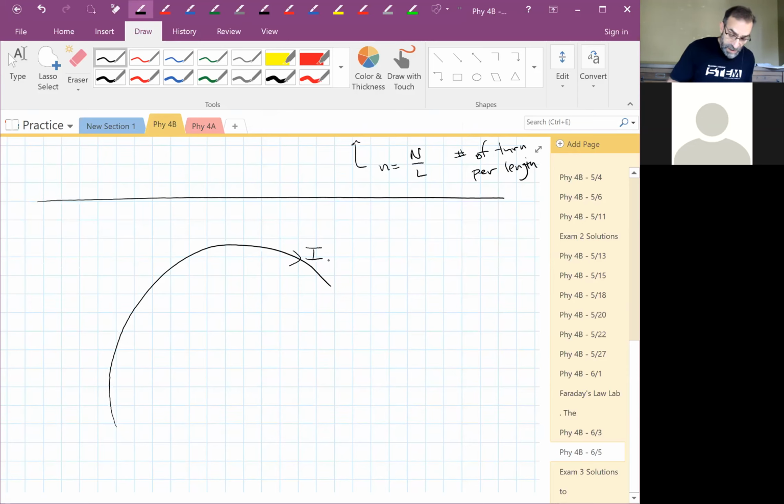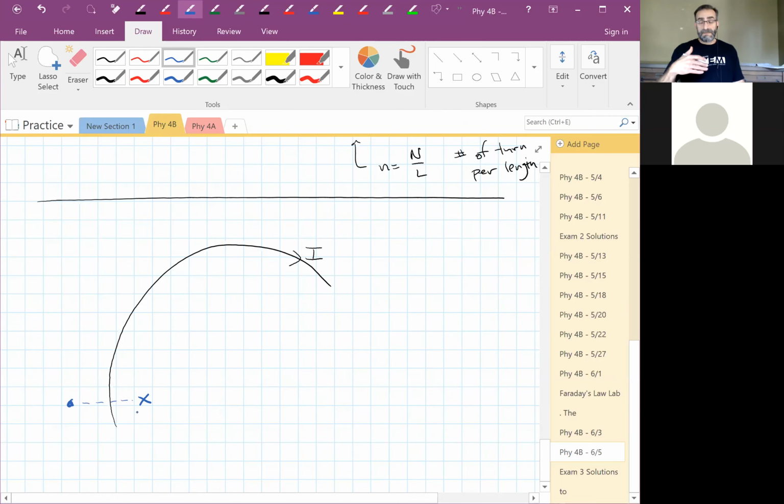It would be into the page on one side and out of the page on the other side. And we could draw a line that's perpendicular to our current carrying wire. And then we could come up here and do the same thing. We'd have a magnetic field that's into the page over here and out over there, right? So it's something like that. And then we could come over here and do the same thing.